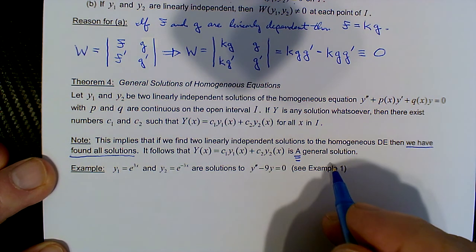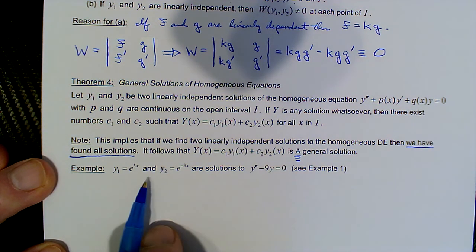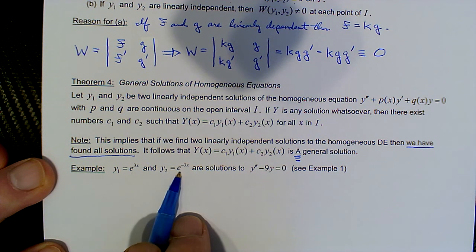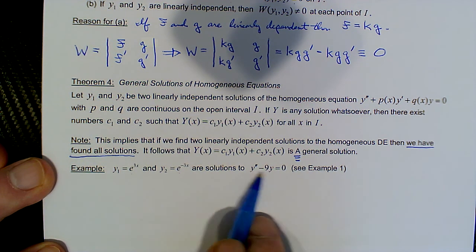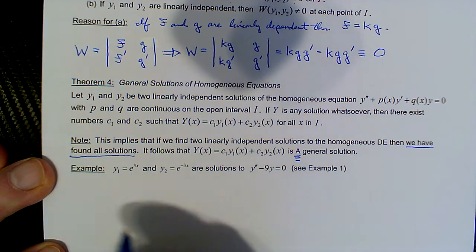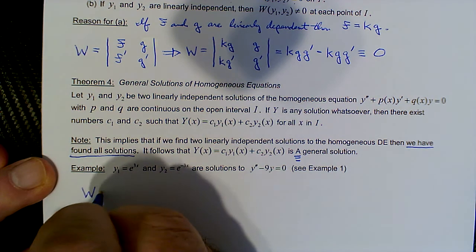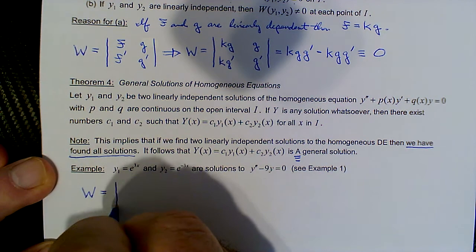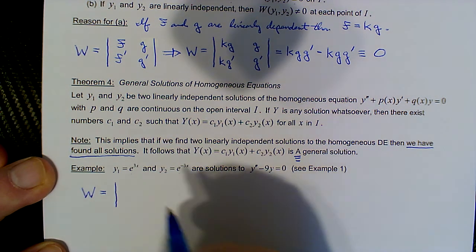Because, for example, it could easily be verified that e to the 3x and e to the negative 3x are solutions to this. I think we actually did an example of that. And you can calculate the Wronskian to prove that they're linearly independent.